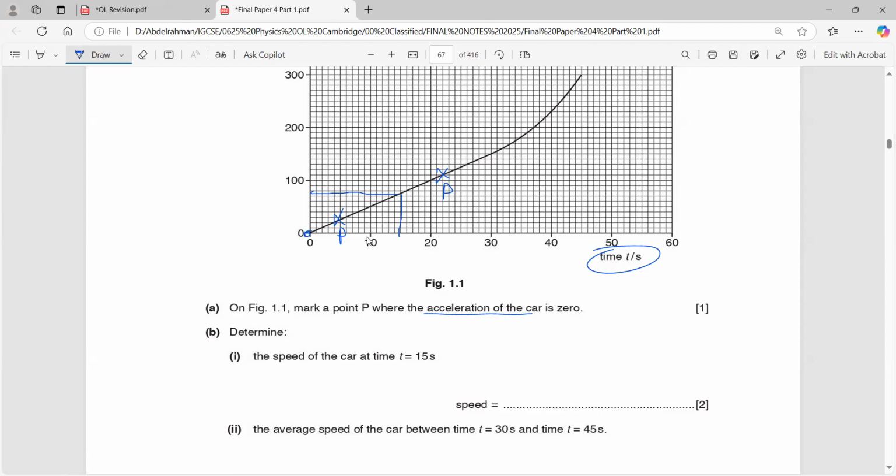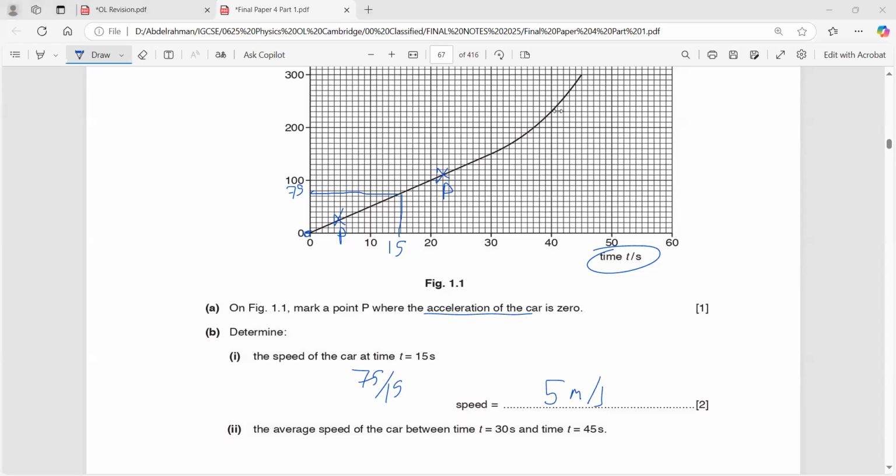What about x2 and y2? We can take 75 and 15. So 75 over 15, which is 5 meters per second.